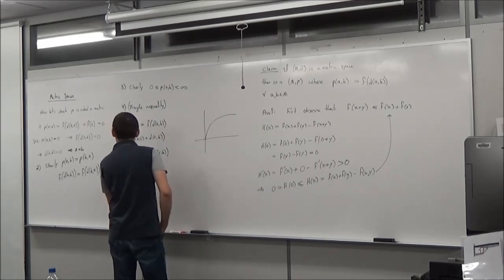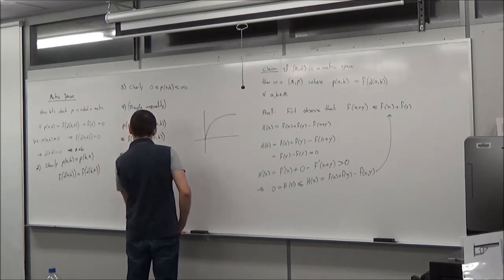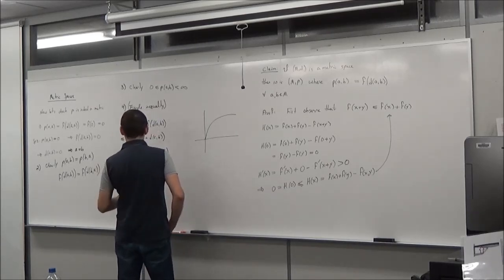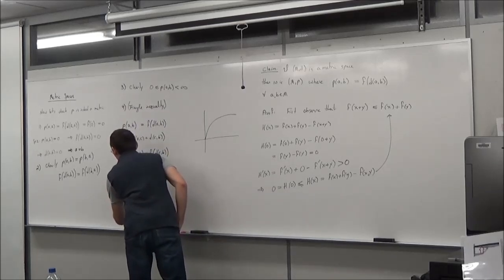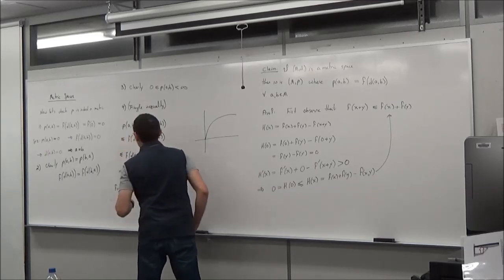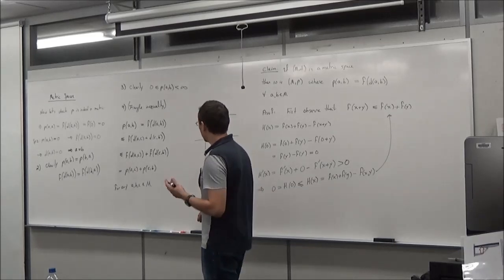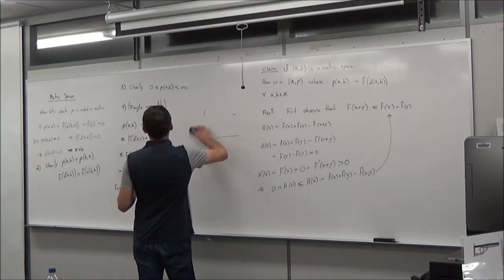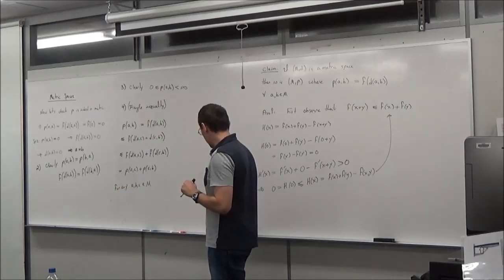Which is the rho of AC plus rho of CB. And that is for any A, B, C belonging to M. And this proof is then complete. I verified triangle inequality. It works as a distance function.